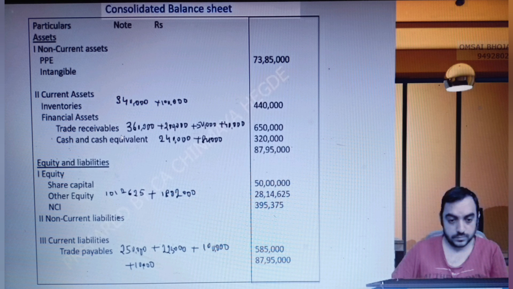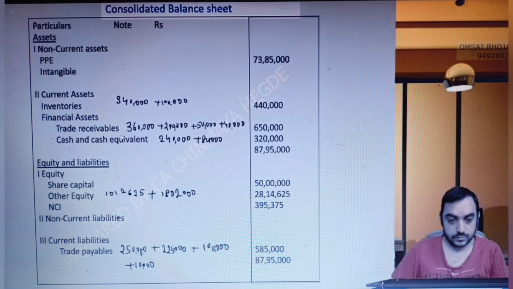Then plant and machinery, furniture. We had furniture 5 lakh, subsidiary 1,60,000. We had a revaluation loss of 30,000 and depreciation write back of 5,000. So 5 lakh plus 1,60,000 minus 30 plus 5, 6,35,000.